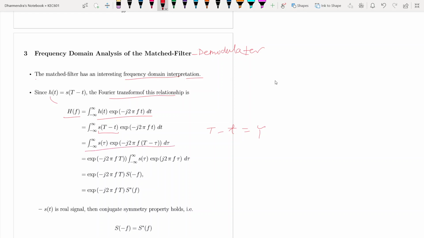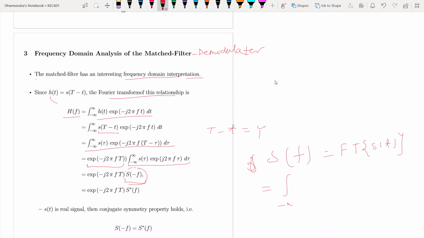After simplifying the exponential, I can write this outside the integral because it is independent of tau. This will be equal to the Fourier transform of S of t, capital S of f.